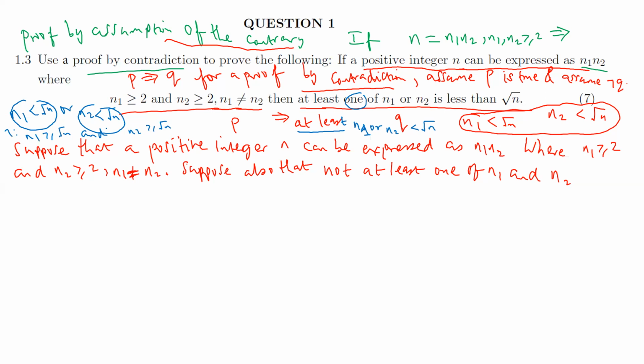So as you said, the negation of at least one of, now you can always say, if you say at least, you say not at least. I would like to write it like this here for a purpose, and then I'm going to change it on the next line.